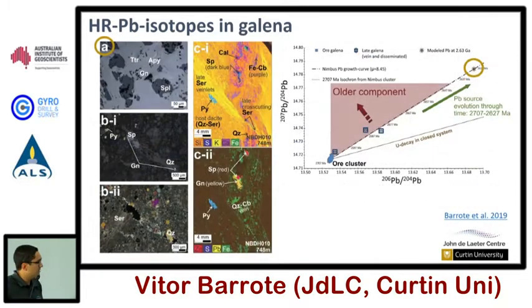So based on that, I was able to remark the differences in chemistry between the two galenas. So first of all, the galenas which are related to the ore, they cluster here with a very homogeneous composition. So these are the galenas here circled in yellow. And then this other circle here is in the wrong position, but that's not a mistake. I was just trying to test the audience. That should actually be here on the ore cluster.